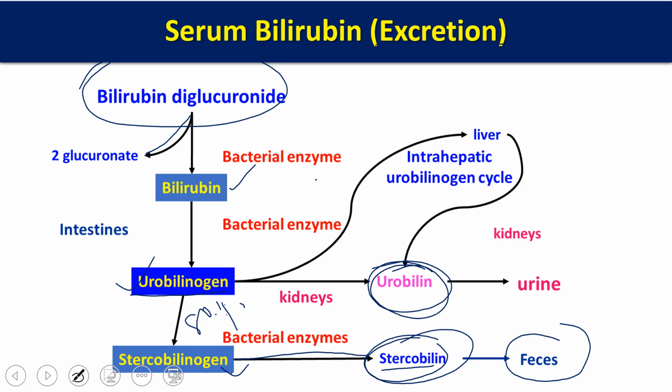Only conjugated bilirubin comes out of the liver into the bile duct and gallbladder and then into the intestine. So this is the overall metabolic process of bilirubin, how it starts from RBC degradation and how it ends with excretion in the form of urobilin and stercobilin.